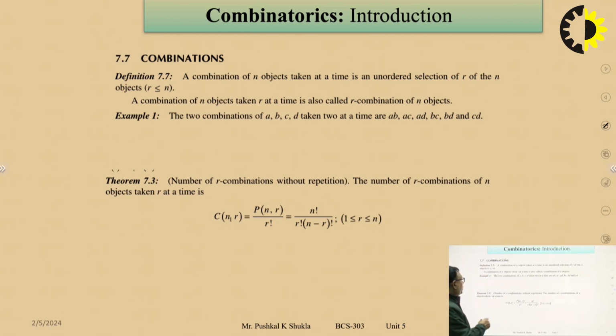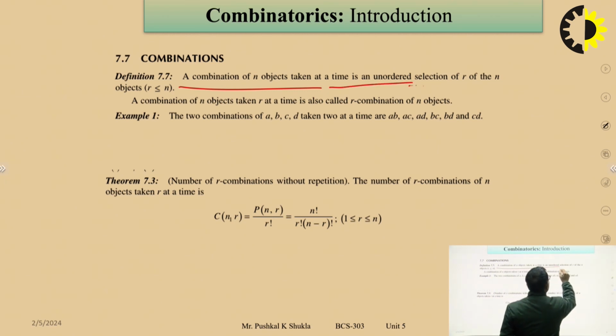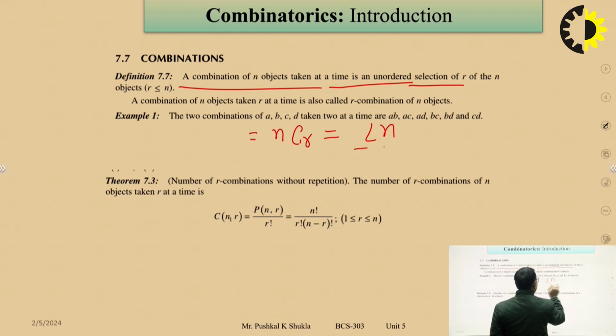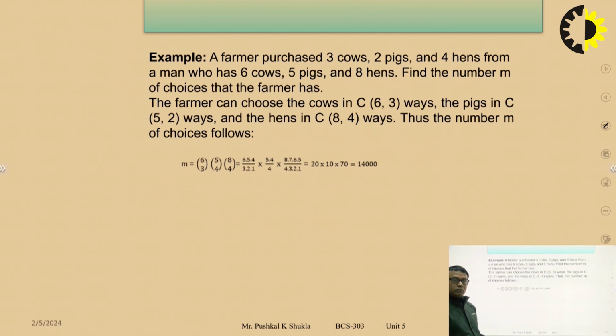So a combination of n objects taken R at a time is an unordered selection and it is given by nCr, where sequencing is not important, and is given by factorial n divided by factorial R into factorial n minus R. See the example.